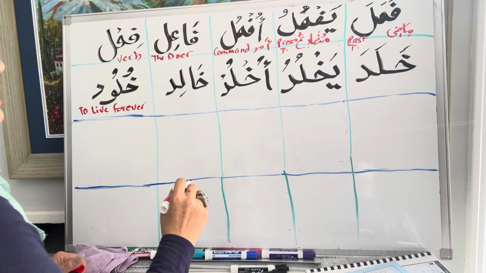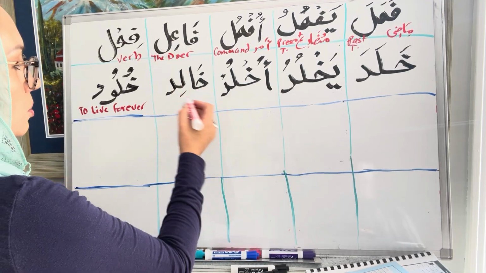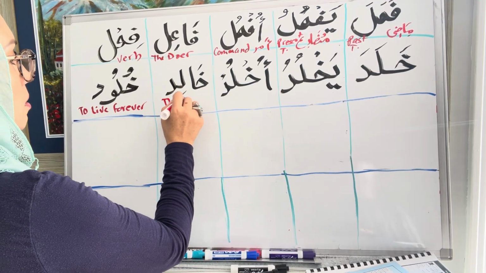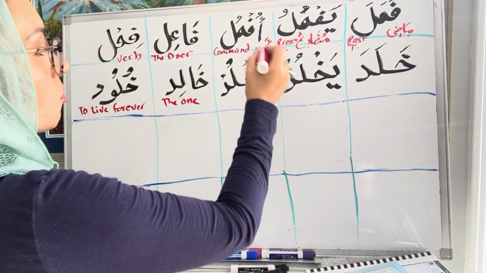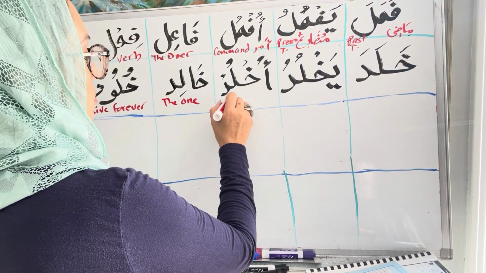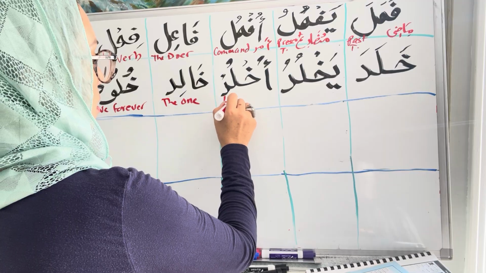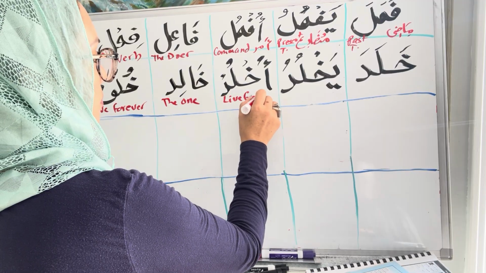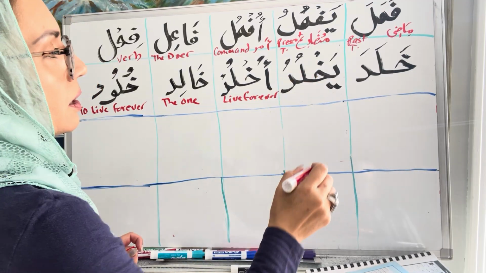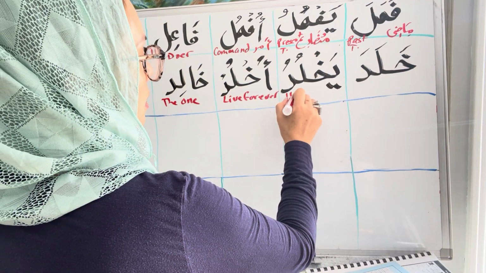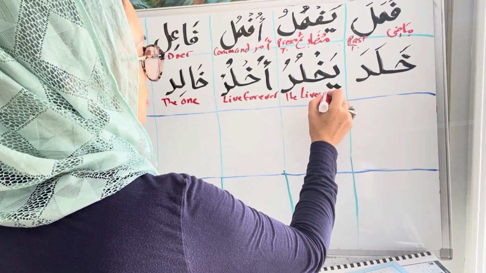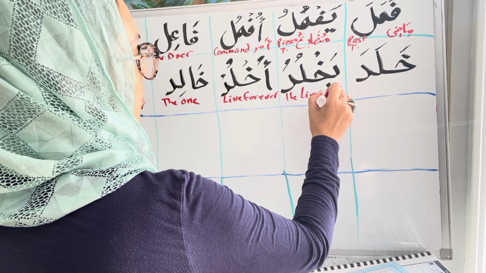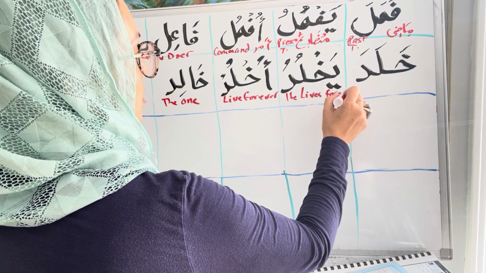So now we go back. Khalid is the one who lives forever. Ukhlud means live forever. Yakhludu, he lives forever.